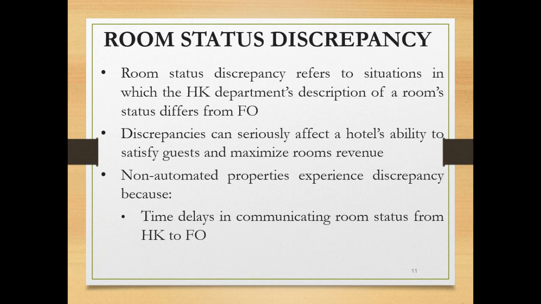But when you see in the room, there is nobody there, no luggages. The guest is not there. So it is not OD, right? Because OD means occupied dirty. So the room is vacant. It should be vacant dirty. So what happens here? So this is what we call discrepancies. Okay. A different room status between the housekeeping and the front office.